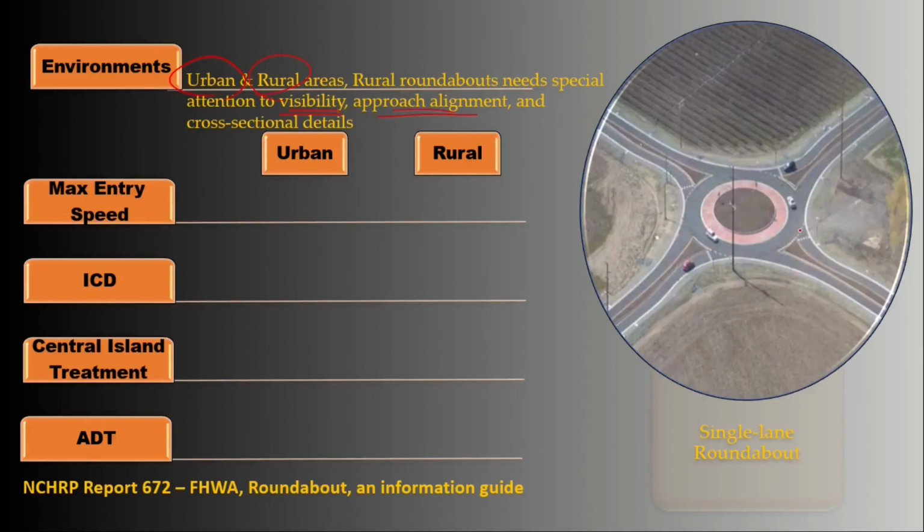As you can see in this picture, first the approaching traffic is shifted to the right, then left prior to the entering deflection.